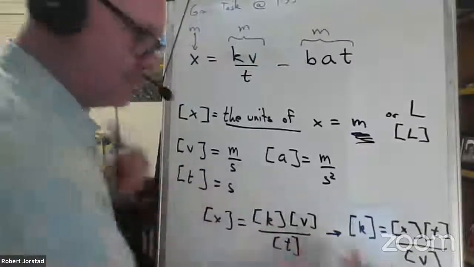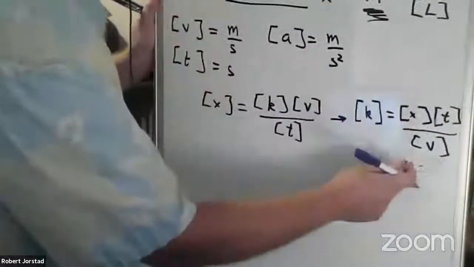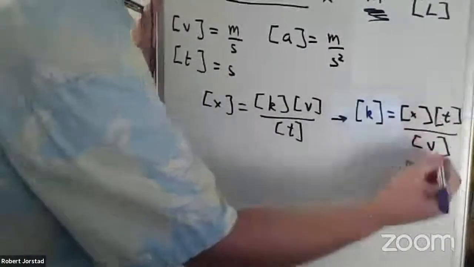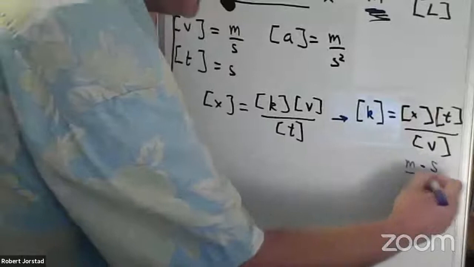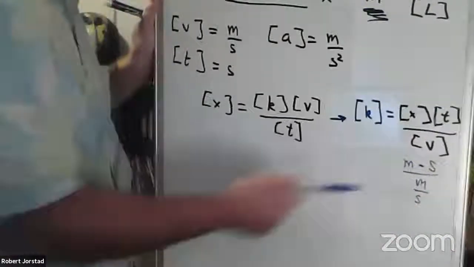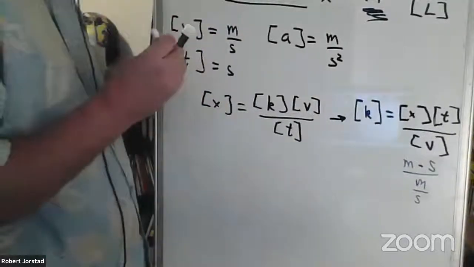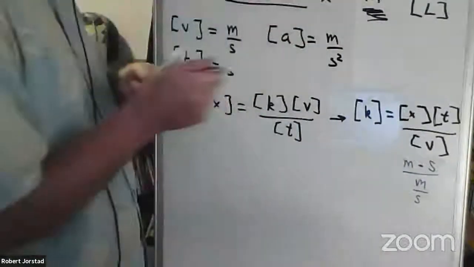So now it's easy. Whoops. This is going to be X is in units of meters. T is in units of seconds. And this one is in units of meters per second. Notice I do not draw the diagonal fraction bar. Why? Because it gets confusing. So now what do I do?